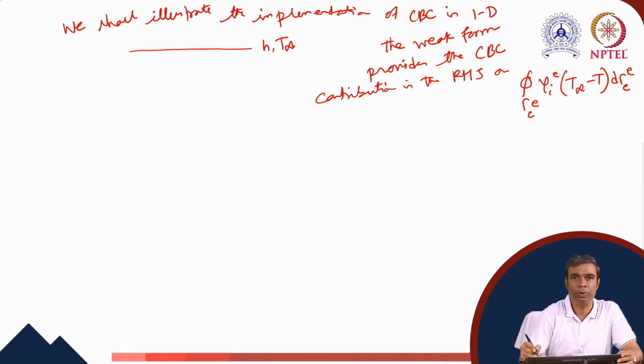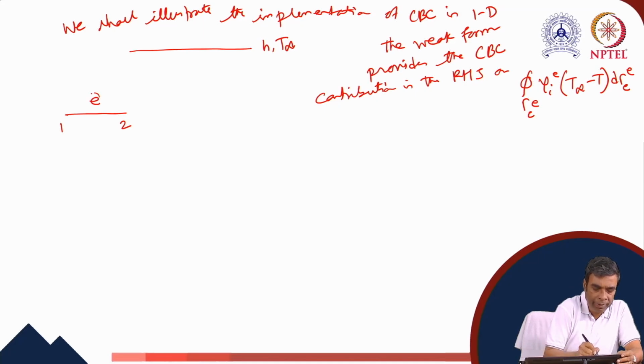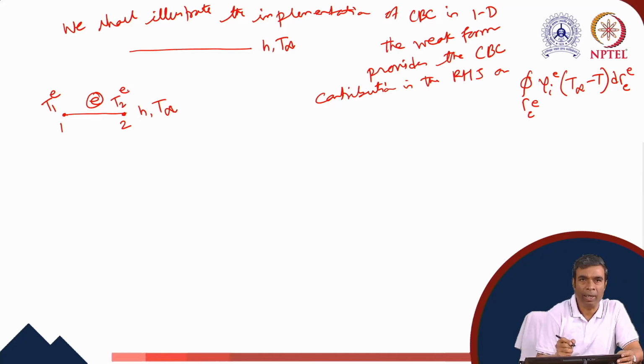We have already shown the simplification of this integrand for two-dimensional quadrilateral elements. Now, in one dimension, let us consider a two-noded bar element e with local nodes 1 and 2 such that local node 2 is exposed to the convective boundary. So here we have h and T infinity as CBC. Our temperatures T1e and T2e are both unknown quantities.